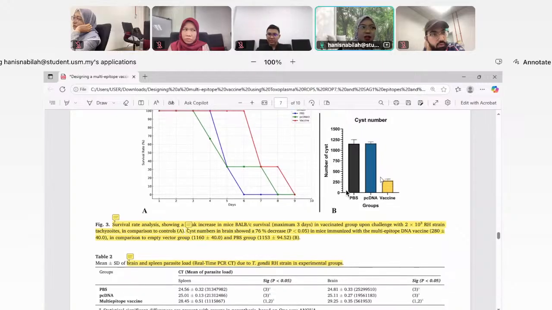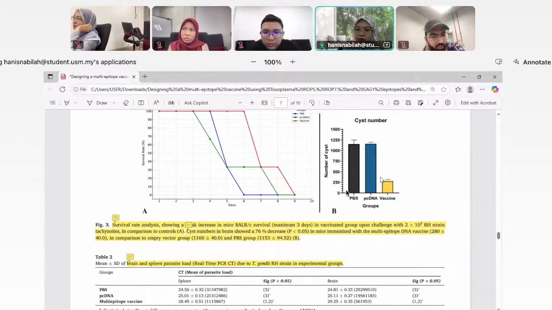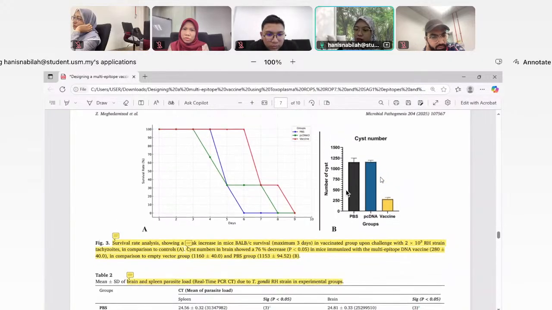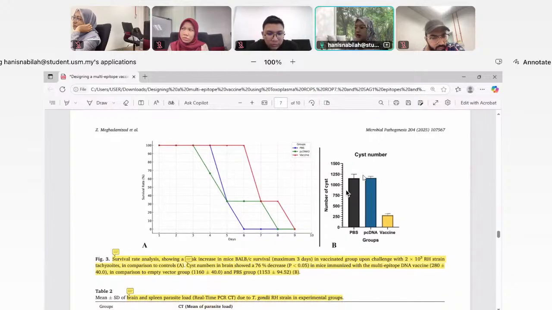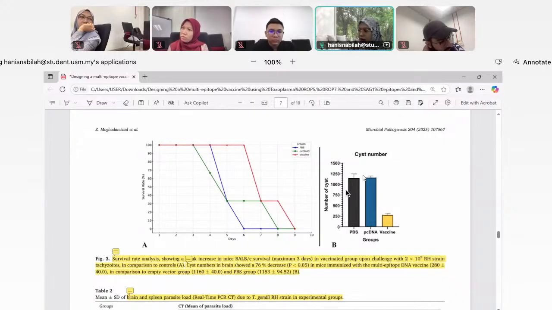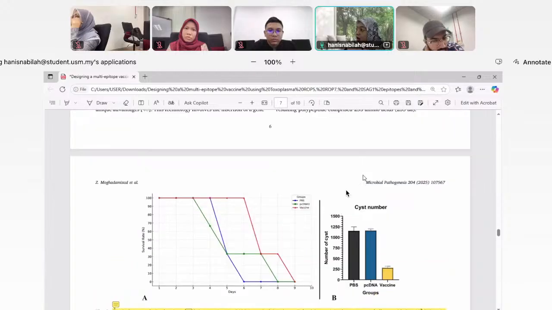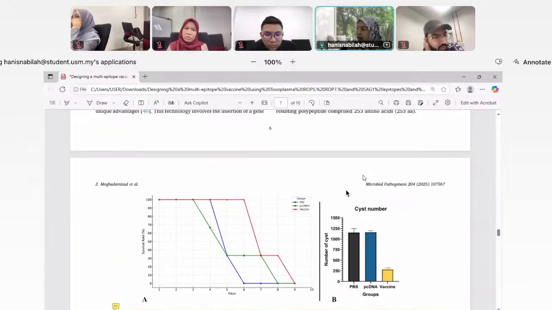Did they do this after the mice died, or on which day? After the mice died. Remember we have three groups, and each of these three groups was divided into subgroups, so they have four subgroups. For the group challenged with the cyst strain, only they check the cysts. The cyst strain, yeah. The RH.